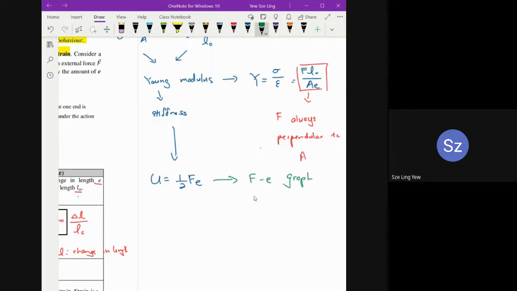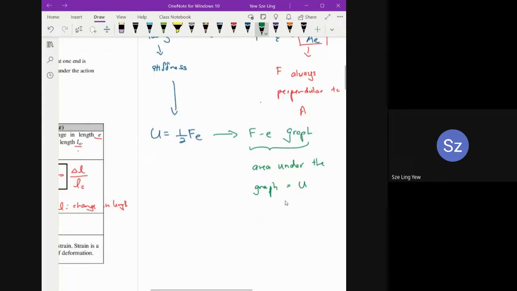So the area under the F against e graph is our U. The area under the F-e graph represents our U, so from the area under the graph, we obtain energy.